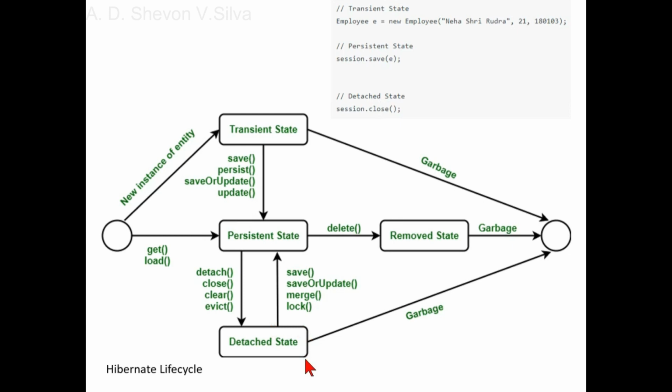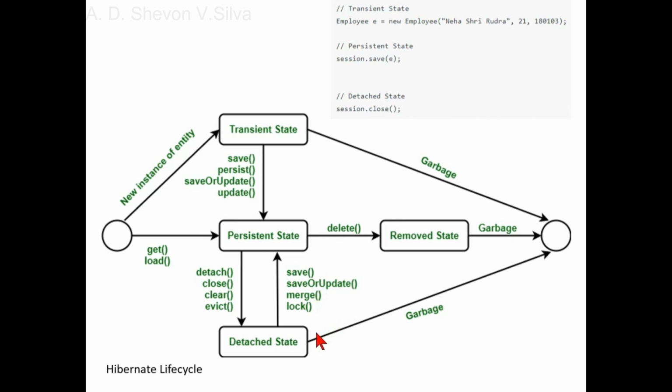To reconnect the detached object to a new Hibernate session, we will use the following methods: merge, update, load, refresh, save, and saveOrUpdate.